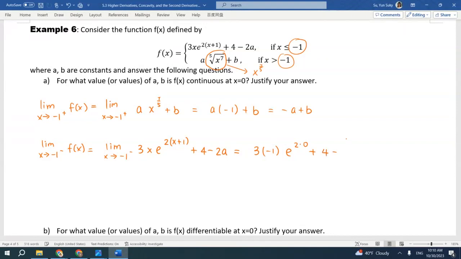Plus 4 minus 2a. So far, so good, everybody? What is e to the 0? 1. Oh, we get -3 plus 4 minus 2a. What is that?